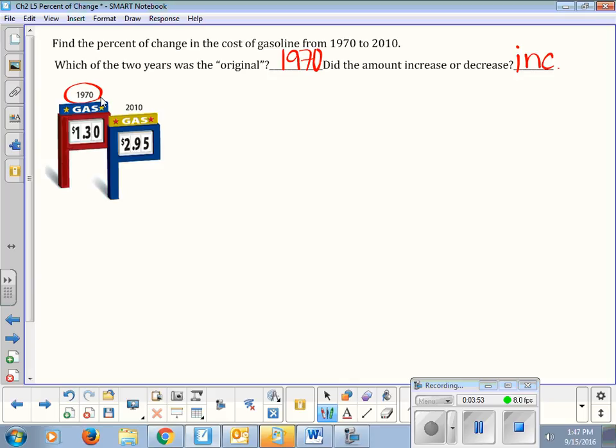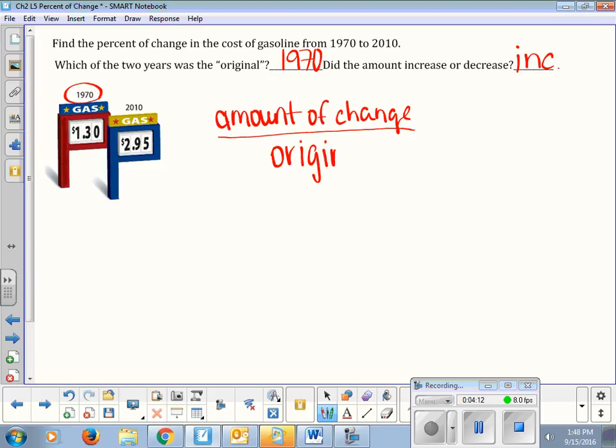So if you look at your percent of change, we want our amount of change over our original. And to find our percent, we can set that equal to the percent over 100.